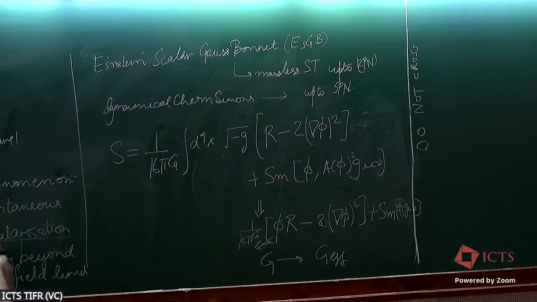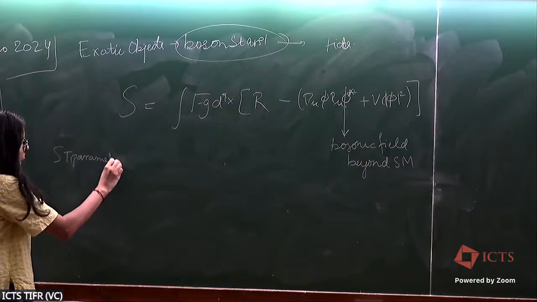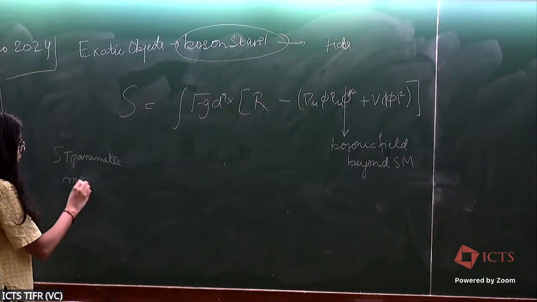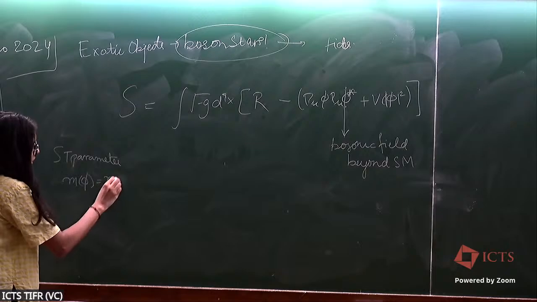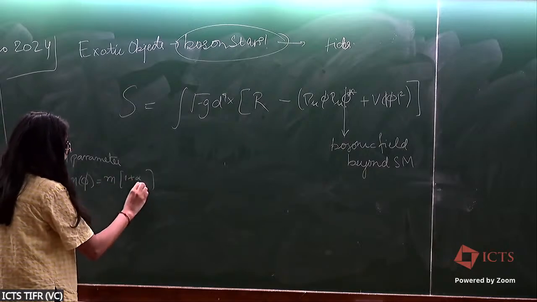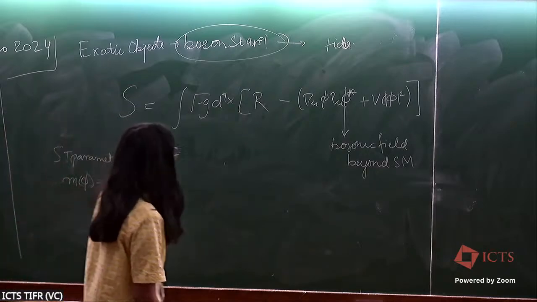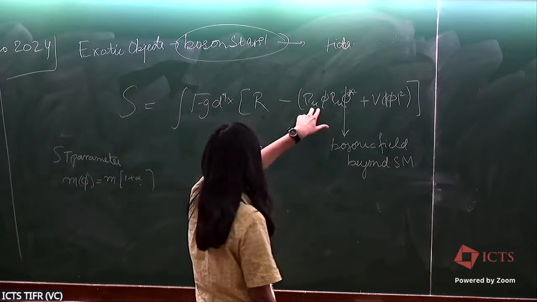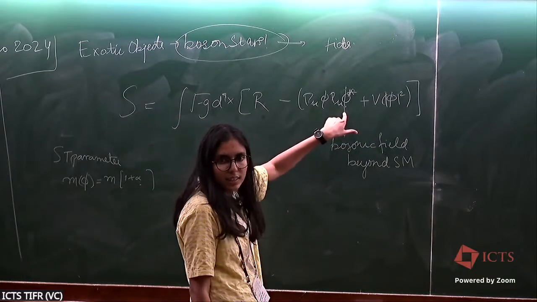But instead of the scalar tensor parameter entering the system from here, where I think I erased it, the scalar tensor parameter alpha being the modification of M phi, now the modification is coming because of the presence of this scalar field here.